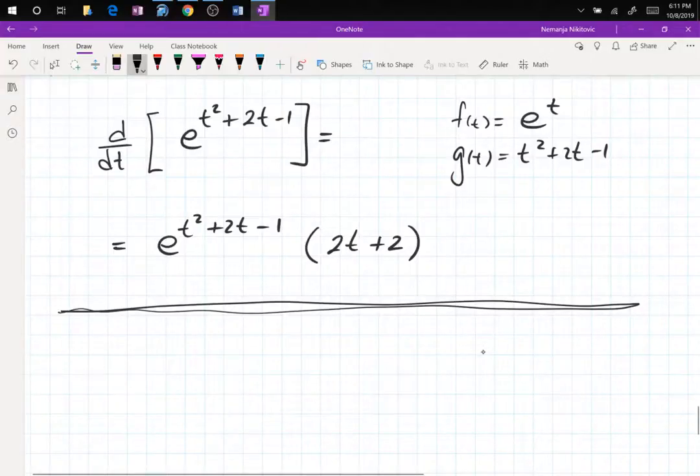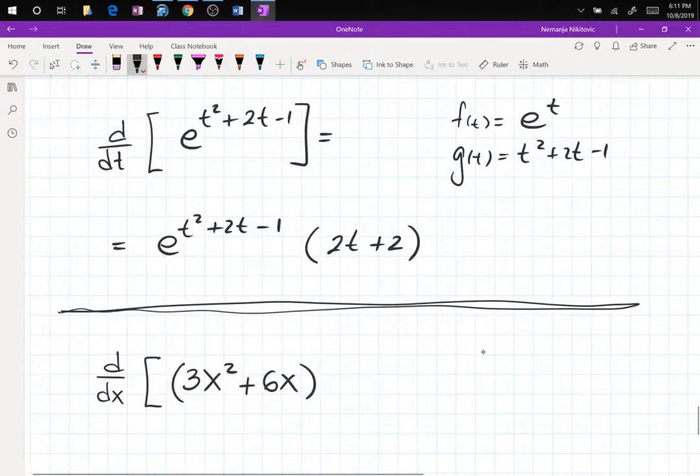And now what we want to do is take a look at some of the problems that you might get. So let's consider the derivative of (3x squared plus 6x) to the 4th power times e to the x squared.